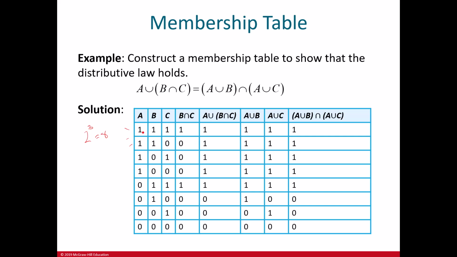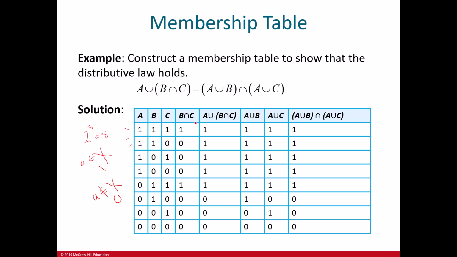So the 1 represents that some element, let's call it big X, is a member in some set. So this is 1. If it is not a member, then we say 0. So that means some element is in A, in B, in C, and so on. When it is 0, it is not.